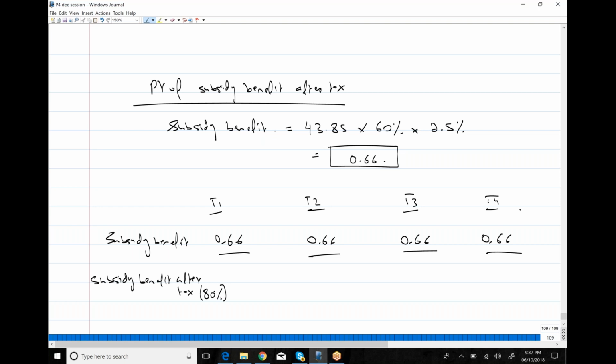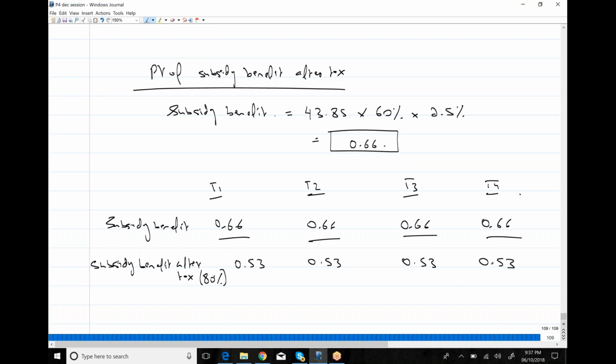So if you just take 80% of this, that will give you subsidy benefit after tax. That is 0.53. Okay, so subsidy benefit after tax is 0.53.